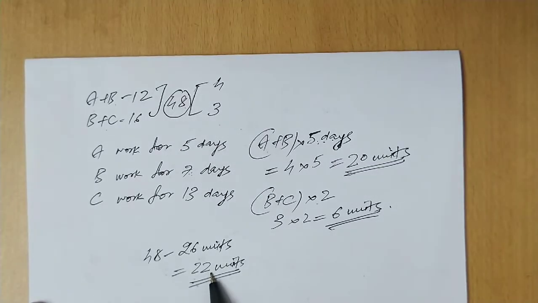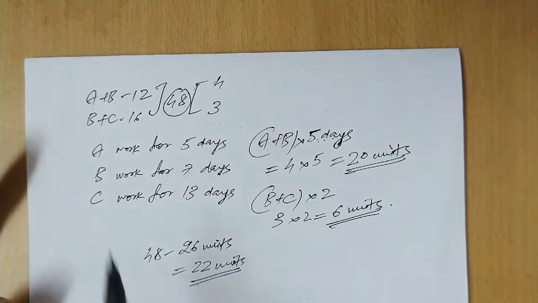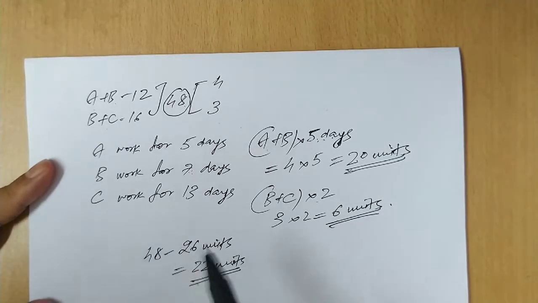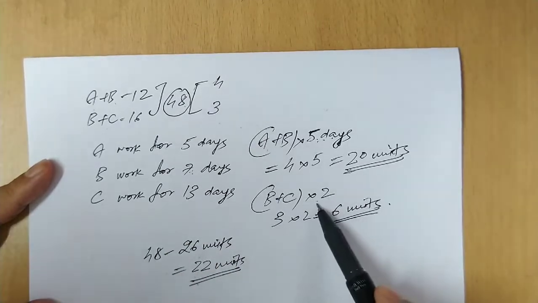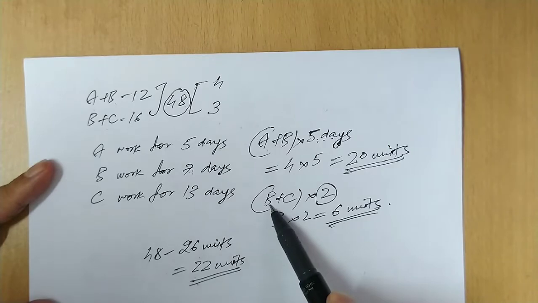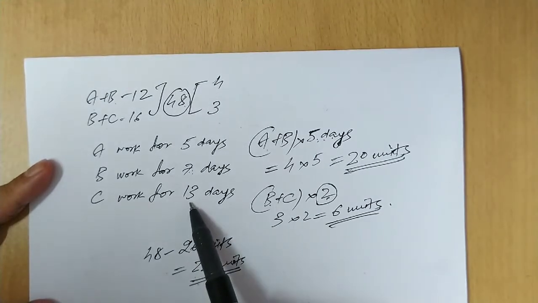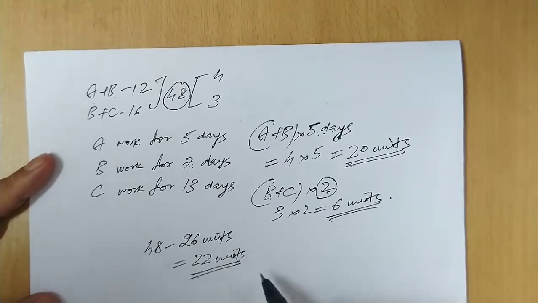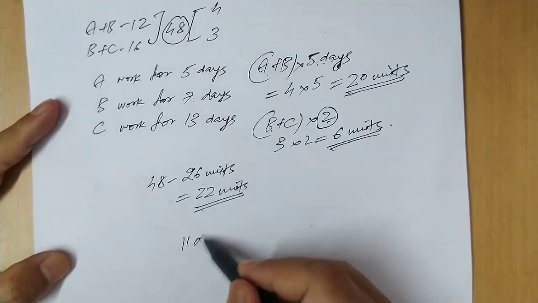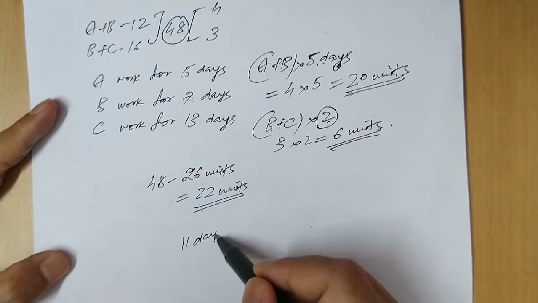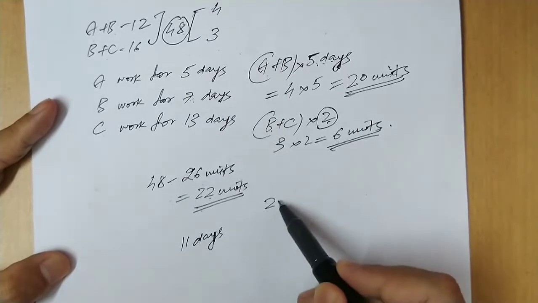Now this 22 units, this 22 work is completed by C, working alone. Now C works for 13 days, but he has already worked 2 days here along with B. So 2 days has already been worked, so remaining is 13 minus 2, 11 days. 11 days C will be working, and 22 units is remaining.